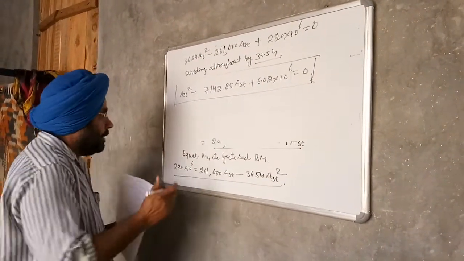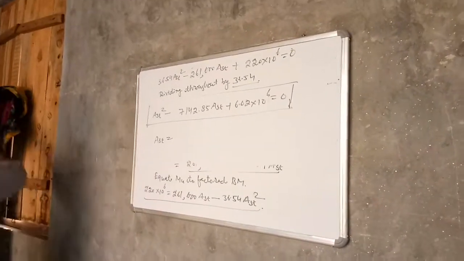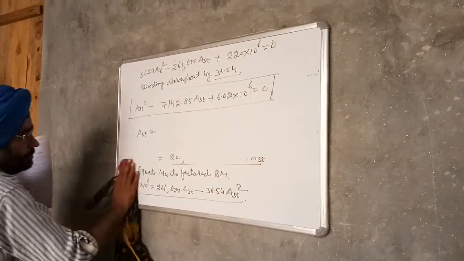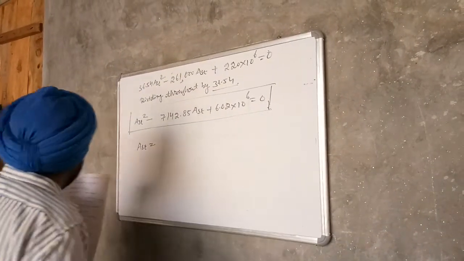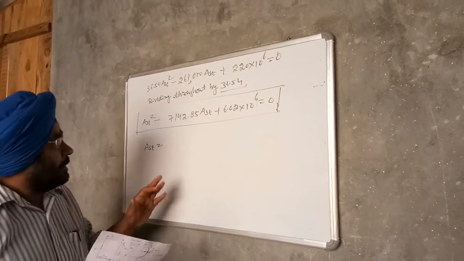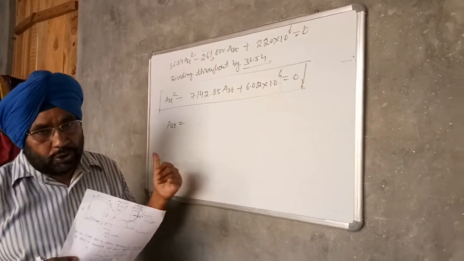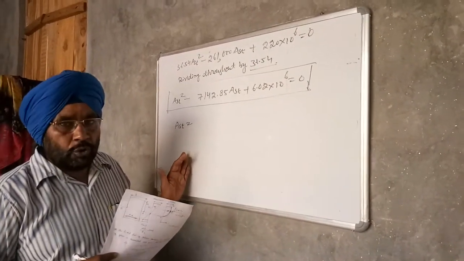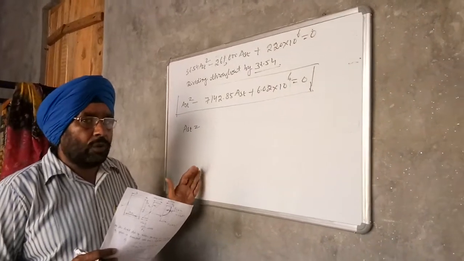Then the value of AST is calculated. This equation is compared with the standard quadratic equation ax square minus bx plus c is equal to 0. We know x is equal to minus b plus minus square root of b square minus 4ac, upon 2a.